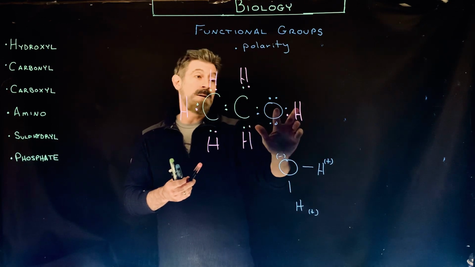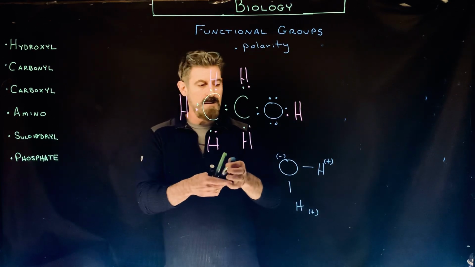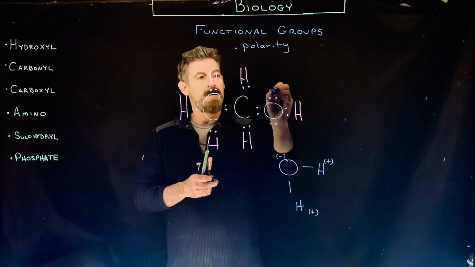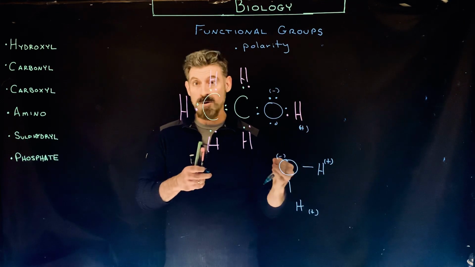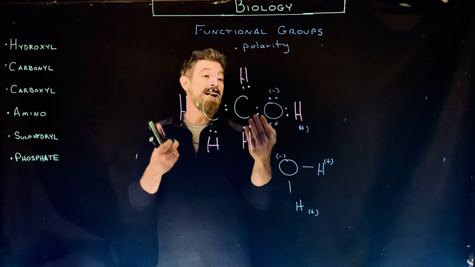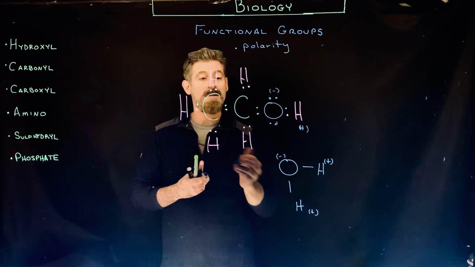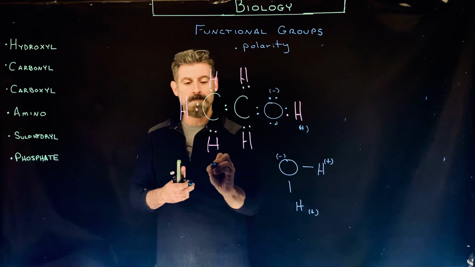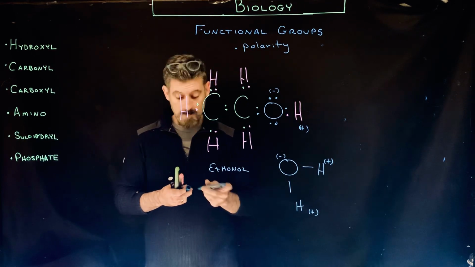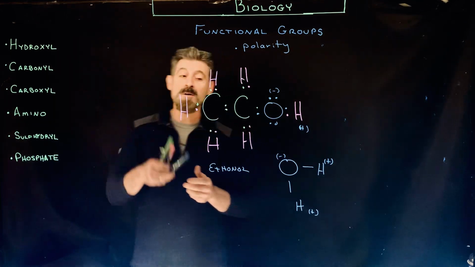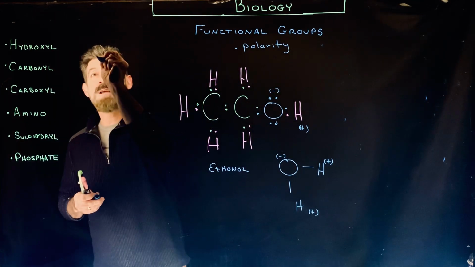These don't share equally. So the oxygen ends up being negatively charged. The hydrogen ends up being positively charged. These are partial charges as well. And now this molecule can interact with water. And this now is ethanol, or ethyl alcohol, which is water soluble.